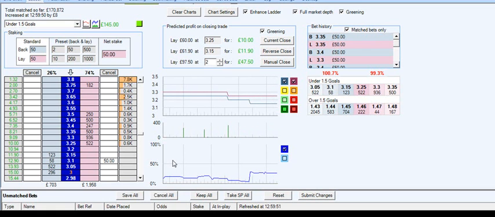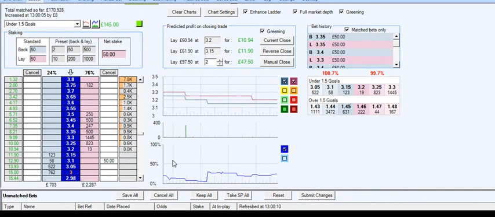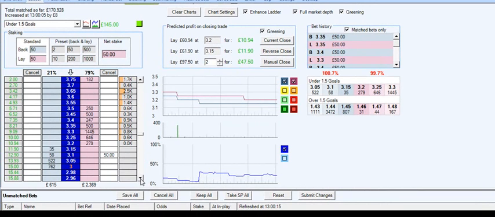So by all means, start off using £2, £3, £4, just back and lay, get used to how it works. Look for the gaps, look for where there's very little money, so you get matched instantly on the back side. And once you've done that, submit 1 tick lower on the lay side.